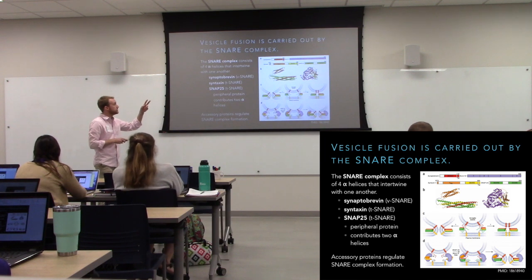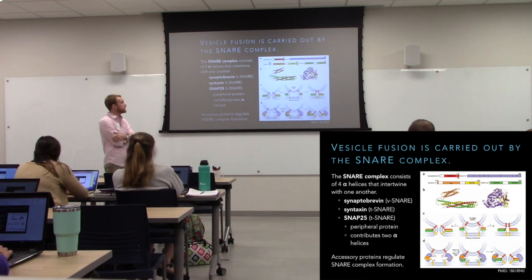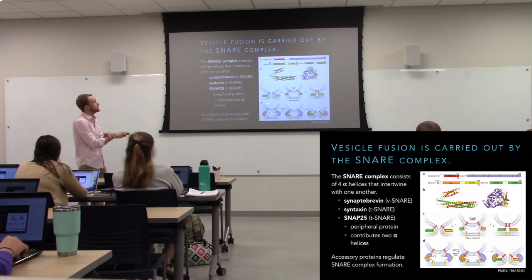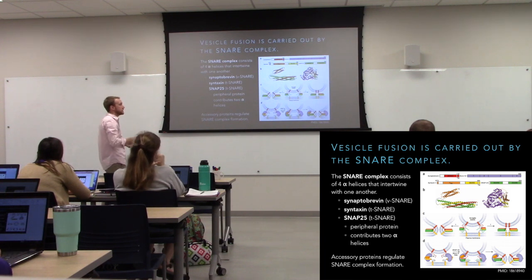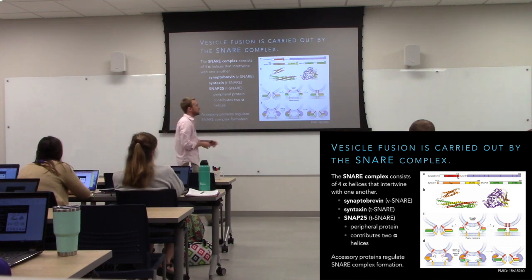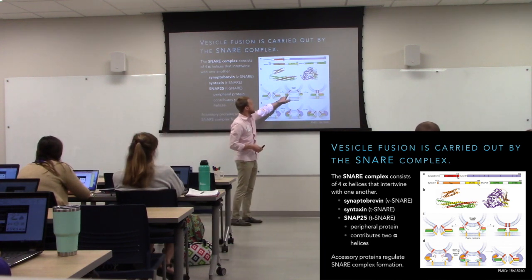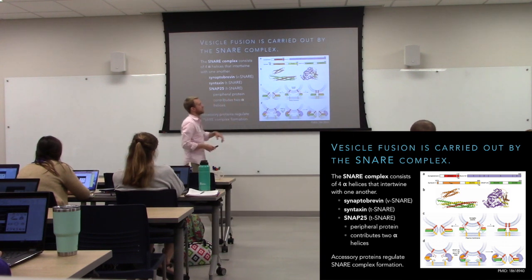Synaptobrevin has two sets of alpha helices. One is a transmembrane domain, and the other is just kind of free floating. That's this orange one here. So there's one alpha helix embedded into the membrane, so it's sticking into the vesicle, and then the other one is hanging outside, where it can interact with other SNARE proteins.